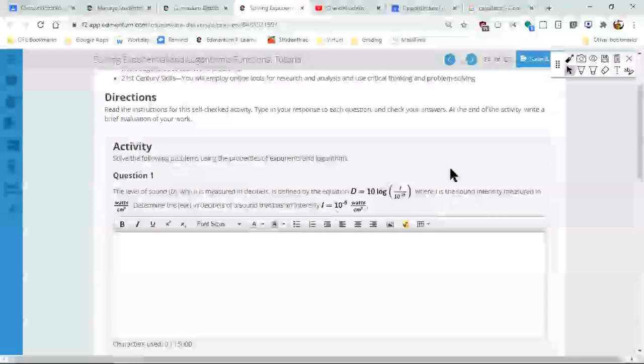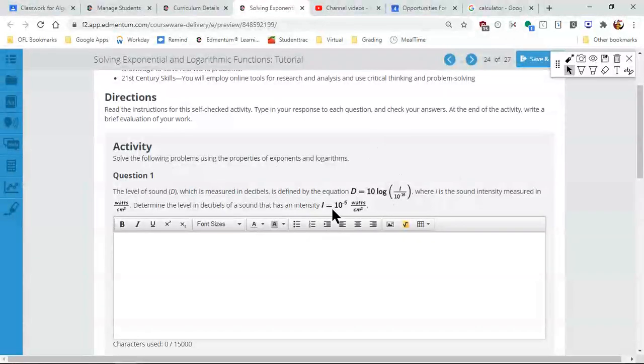So now we're going to calculate this. They give us the I, it looks like. They just want us to solve for D, the level of sound in decibels, defined by this, where I is the intensity of sound measured, determine the level of decibels. So this one, we're literally just plugging it in. An easy way to think about this is 10 to the -5 over 10 to the -16.